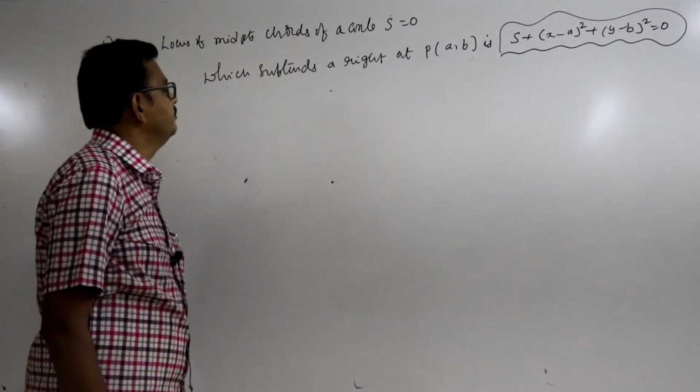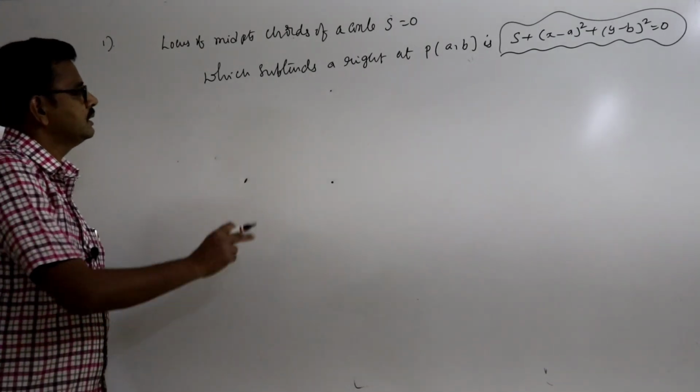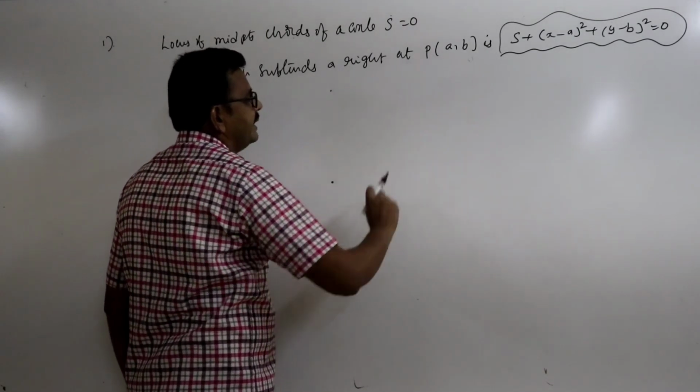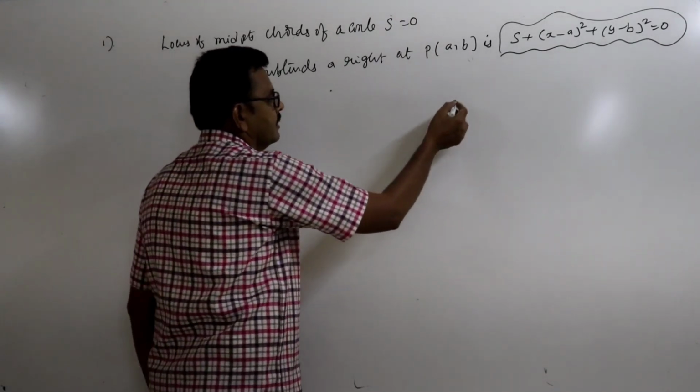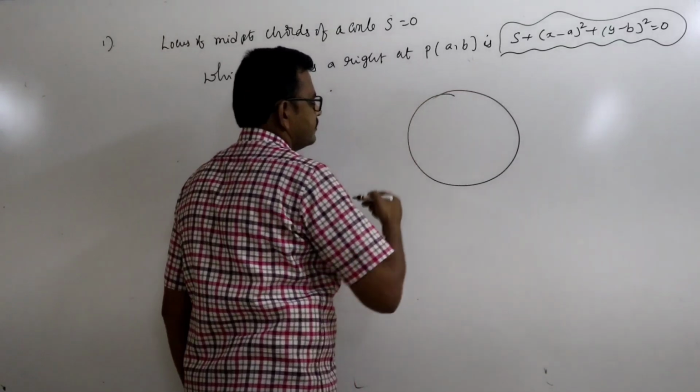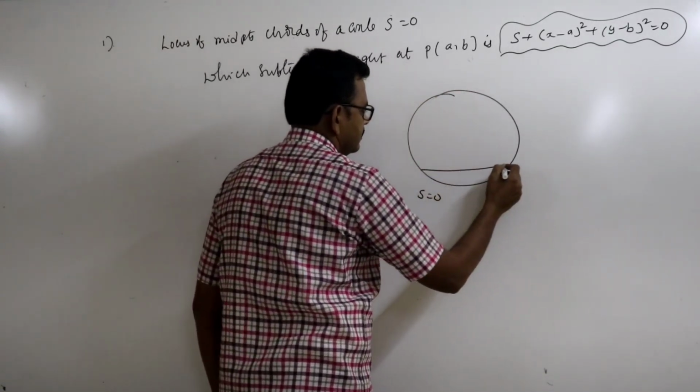The locus of midpoints of chords of a circle S equal to 0, which subtends a right angle at a point (a, b). See this, this is circle S equal to 0.